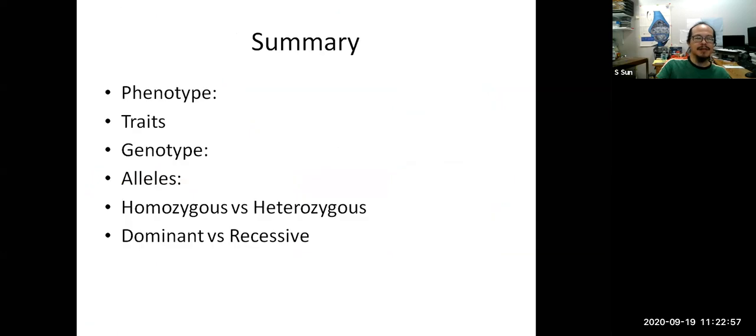So in summary, we described all these different terminologies, and each terminology represents an idea and a concept. We learned about the phenotype. Phenotype is the one that we can observe, and that observation reflects what's going on in the gene.